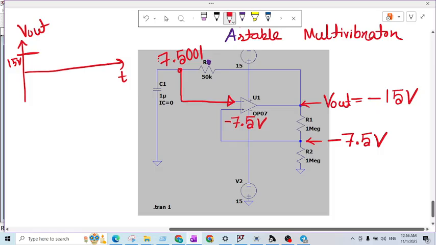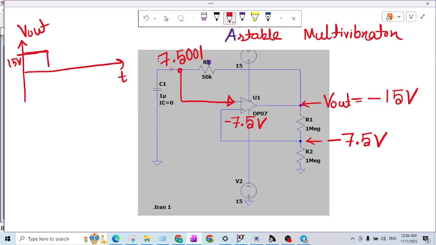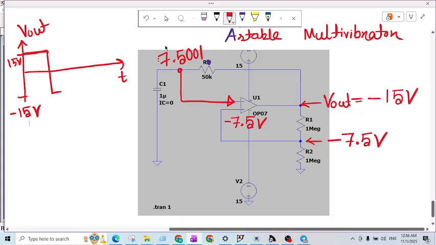So now as capacitor's charge is around 7.5 volt. Let me draw this circuit again. So as now output voltage has gone to minus 15 volt, let's see what will happen in this position. You see capacitor's voltage is 7.5, but this point's voltage is minus 15.